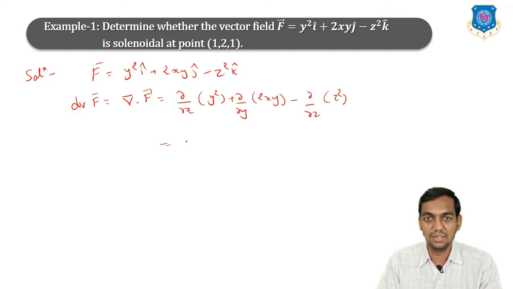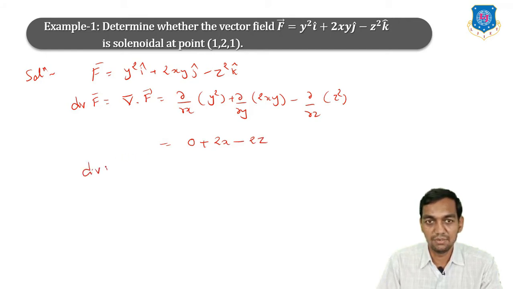The derivative of y square with respect to x is 0, the derivative of 2xy with respect to y is 2x, and the derivative of z square with respect to z is 2z.